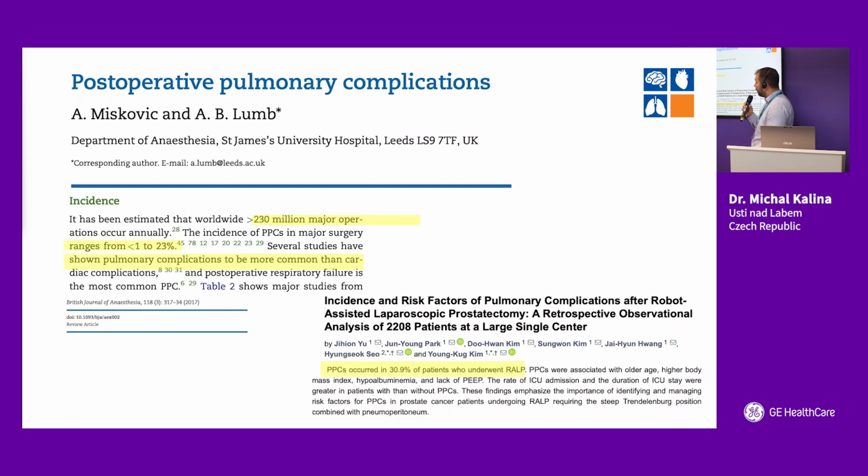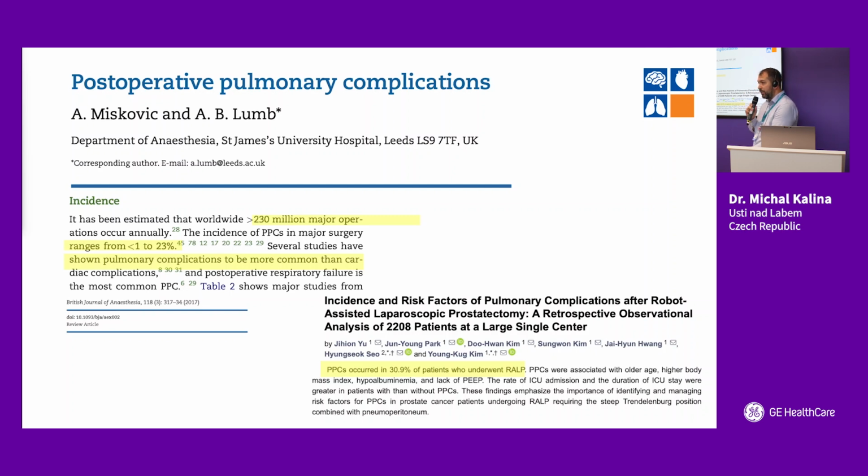And we are talking about general anesthesia and no selection of procedures. But if we select a subgroup of procedures, for example, laparoscopy or robotic surgery, the postoperative pulmonary complications are even more frequent than in the general population, and we can come to an incidence of PPC up to 30%, according to this paper.